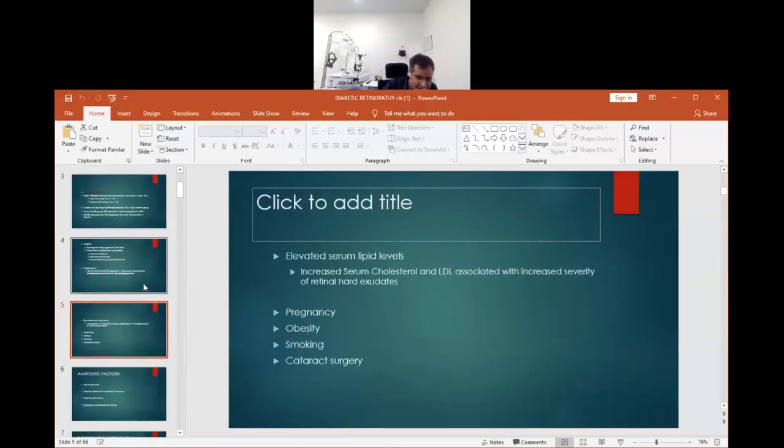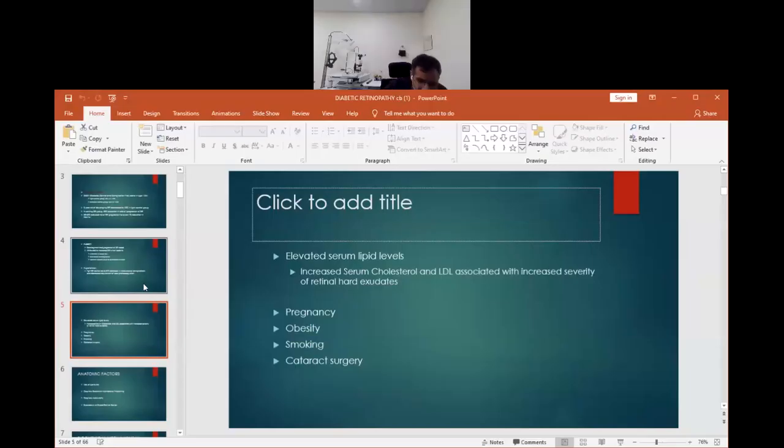Hard exudates are the leakage which is coming along with the plasma. Once the leakage happens, hard exudates collect there. They will not go away unless there is a lot of edema and that edema is moving in and out.